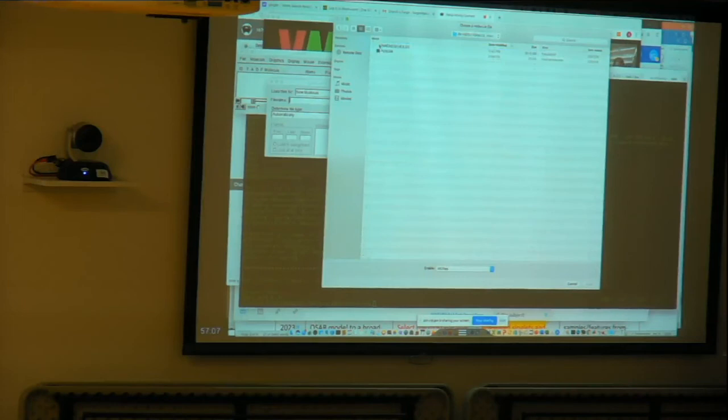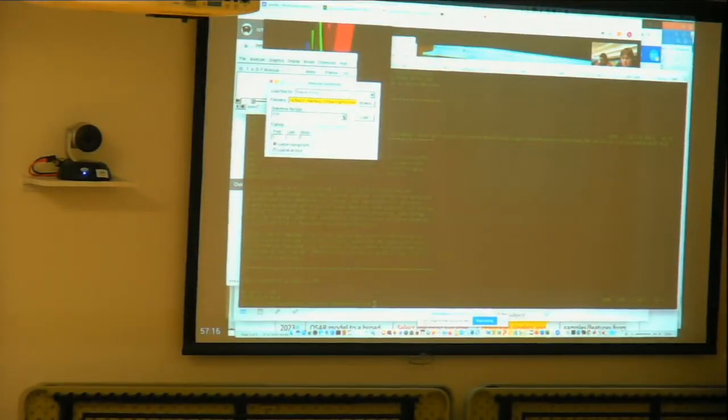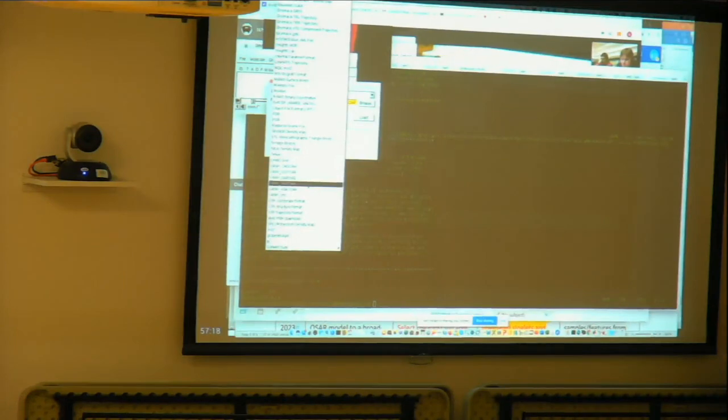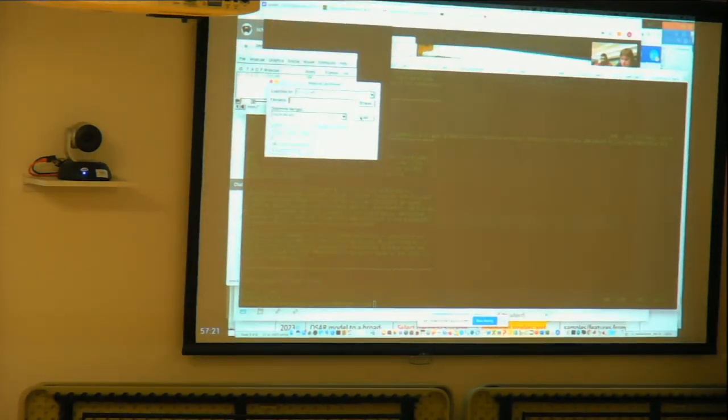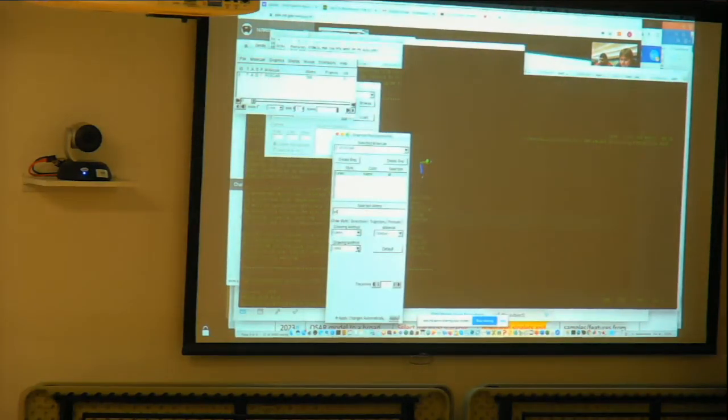So first I'm selecting this Oscar type of frame. And the image is quite pathetic, so I need to make some changes to make it better. Presentations, dynamic ones.